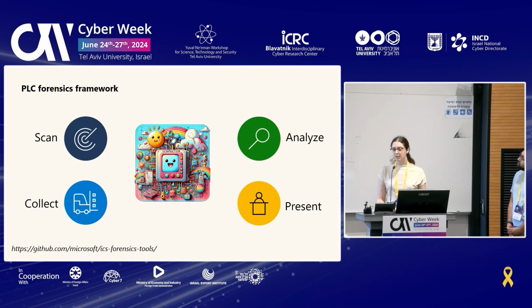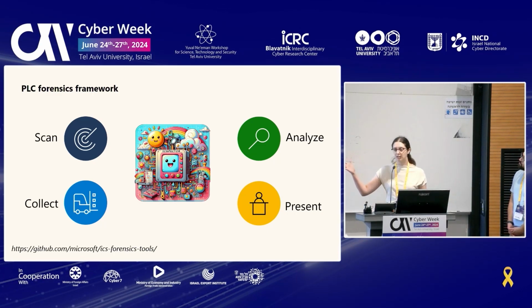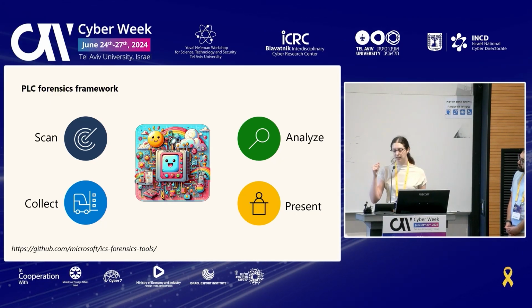So ICS Spectre is an open source framework we launched about 2 years ago, available on GitHub. This framework allows everyone with a Python installation to start scanning the network for available PLCs. After that, extracting the PLC program locally.